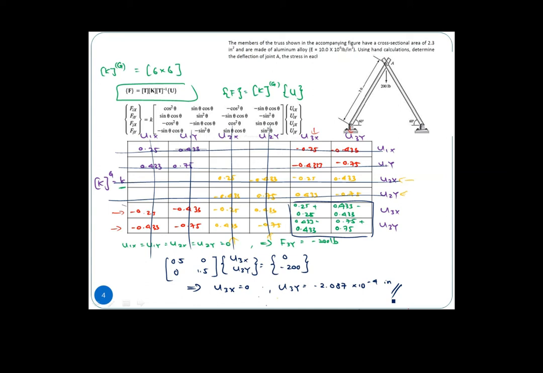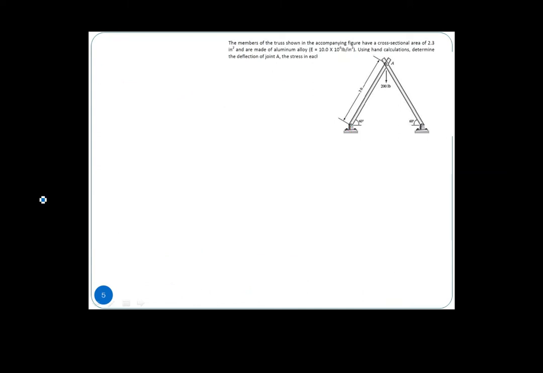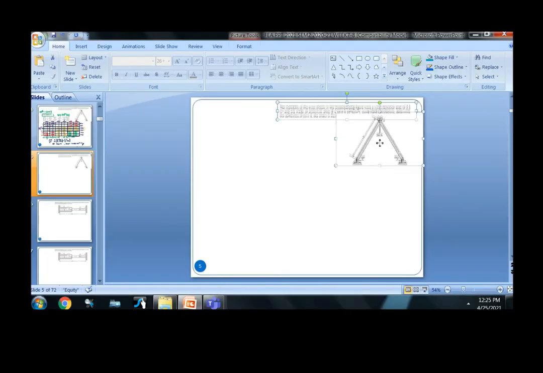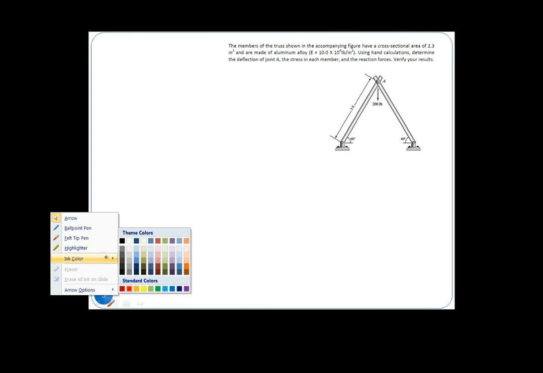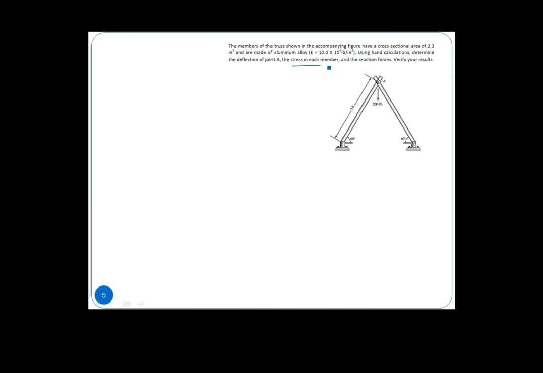Okay, it's purely vertical. So continue to that, we need to determine the stress also, and the reaction force, right?